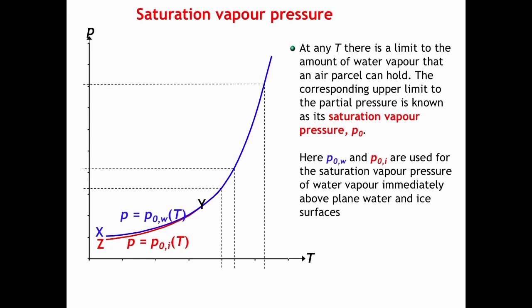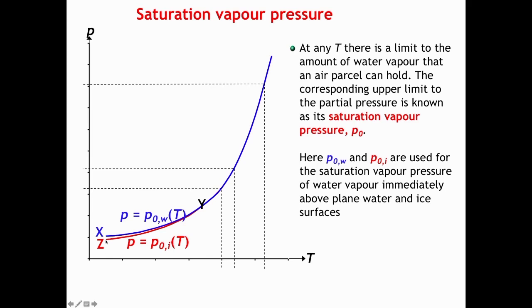So what does the saturation curve tell you? Well, it tells you that if you have too much water vapour, then it cannot stay as vapour in the atmosphere. That's all it tells you.